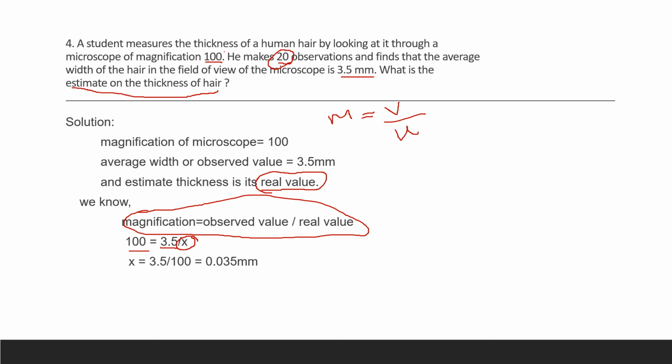Simple calculation: x is equal to 3.5 by 100, and you will get 0.035 millimeter. This is the actual, not accurate, but real value of the thickness of hair. Okay, I hope you understood.